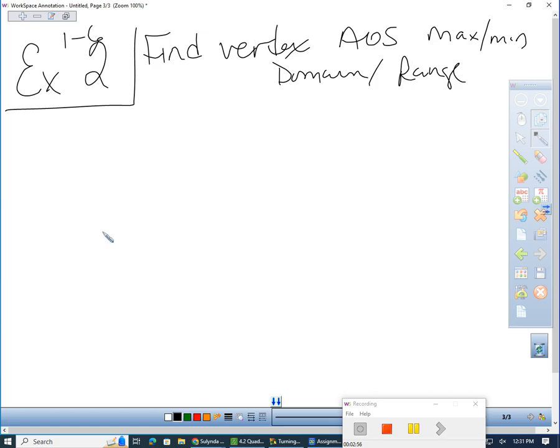And let's go with y equals negative 2x squared plus 8x plus 1. So again, I'm going to start by reminding you that this is my A, this is my B, and this is my C. Just don't want you to forget that.